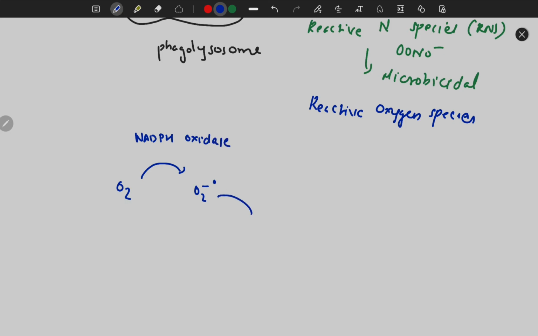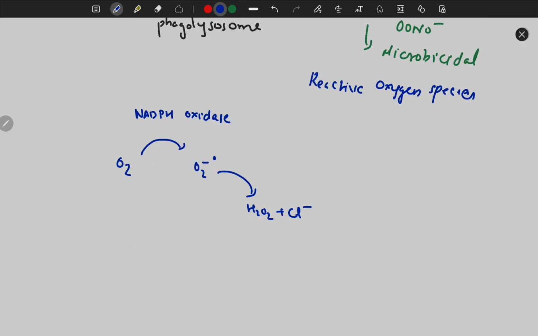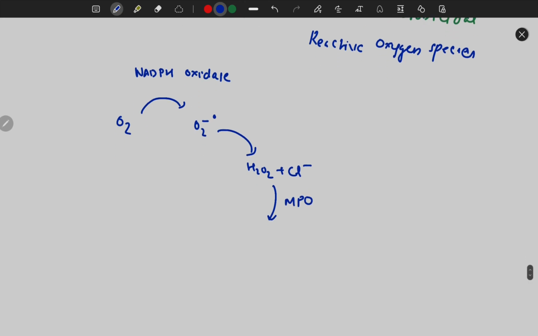This will form hydrogen peroxide, and there is chloride. With the help of myeloperoxidase, these two will combine together to form HOCl, and this will kill the bacteria.